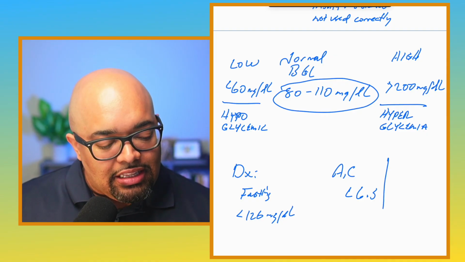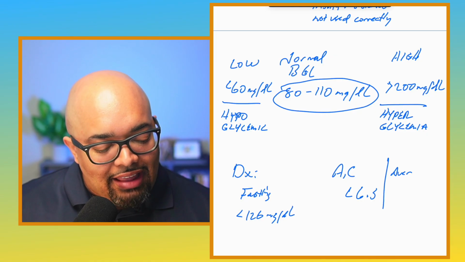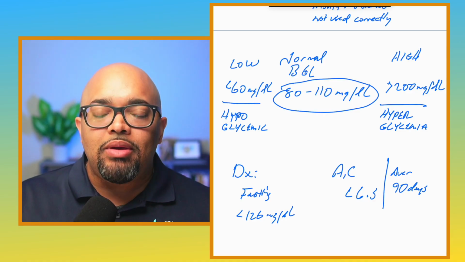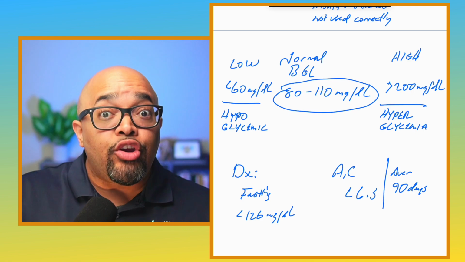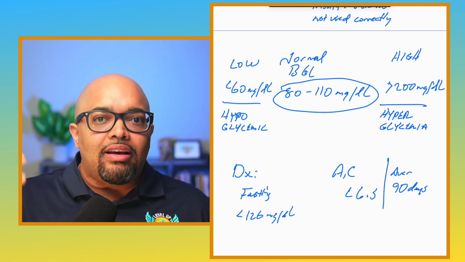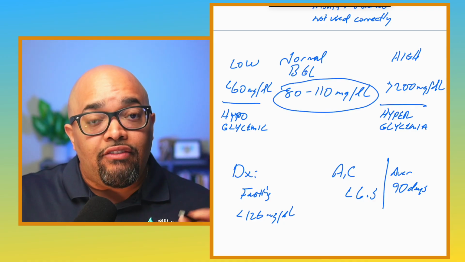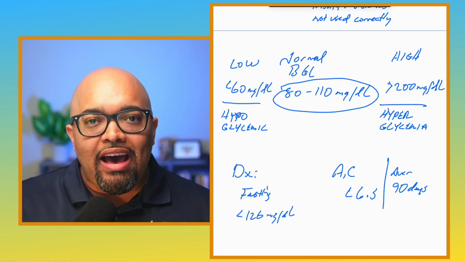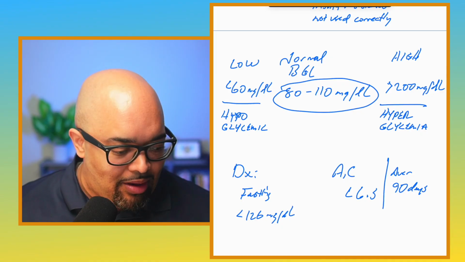It's because it actually looks at an average of the last 90 days, or the last 3 months. So it's going to be a lot more accurate in terms of how your blood sugar levels have been. If your last 3 months, your hemoglobin A1C has been over 6.5, okay, now we're going to say that you're diabetic.